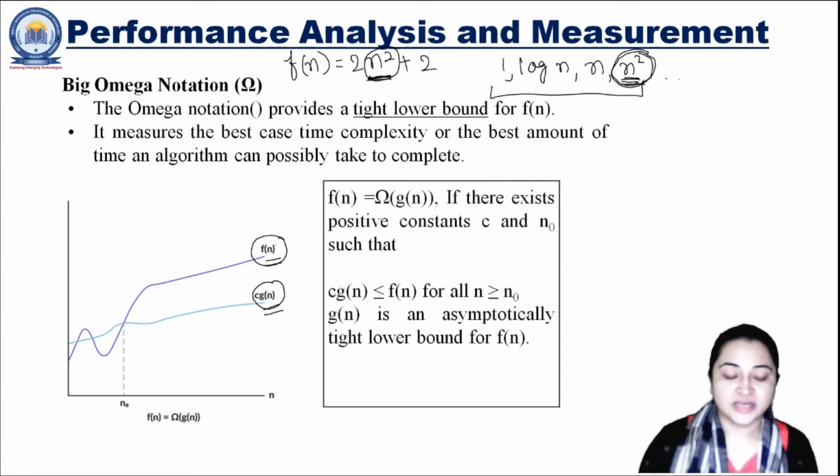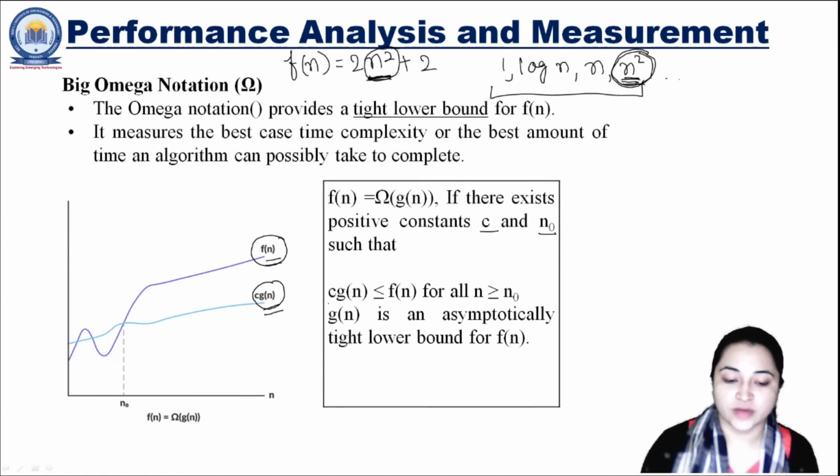So we can say f of n is omega of g of n if there exist positive constant c and initial value n0, such that c into g of n will be less than or equal to f of n for all possible values of n which is greater than initial value n0.